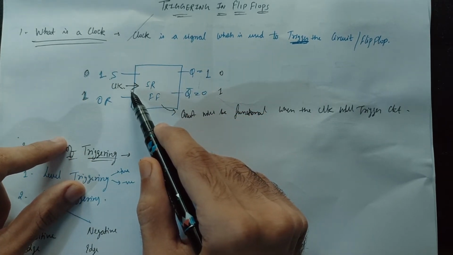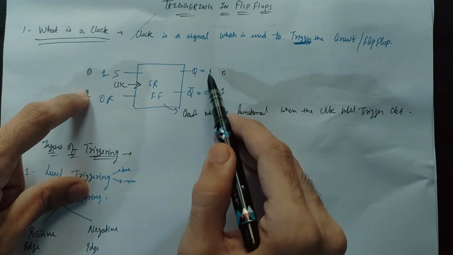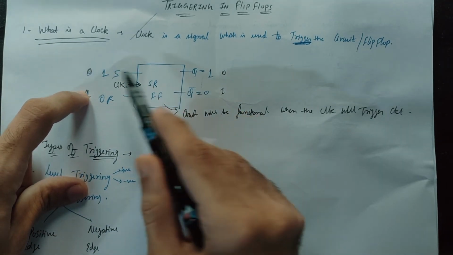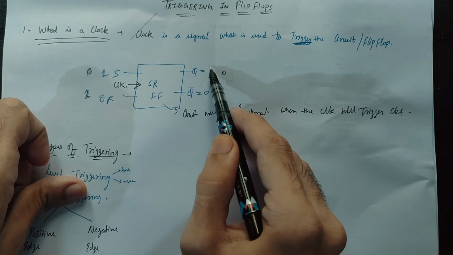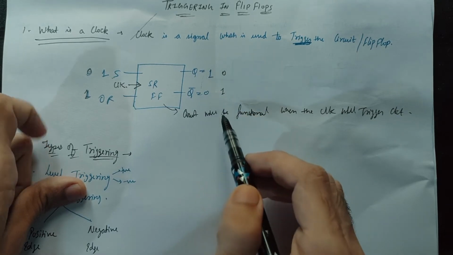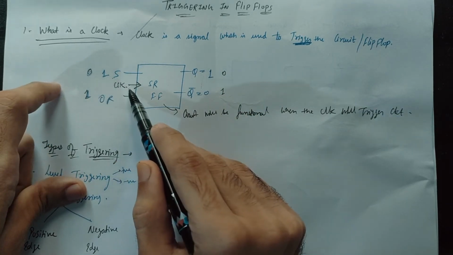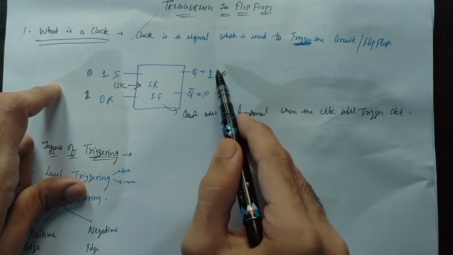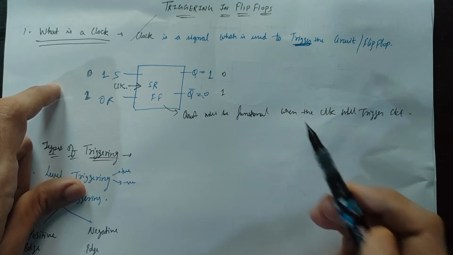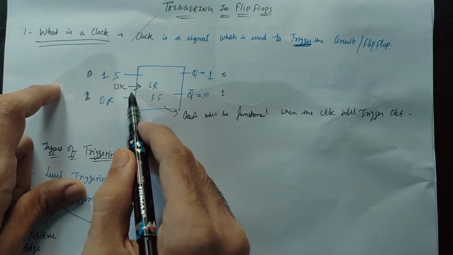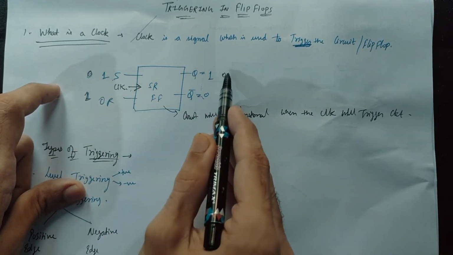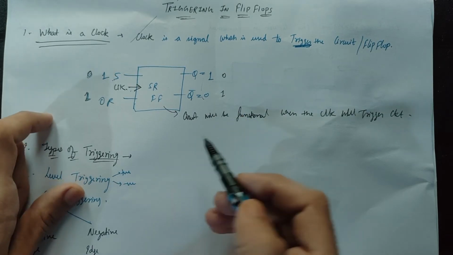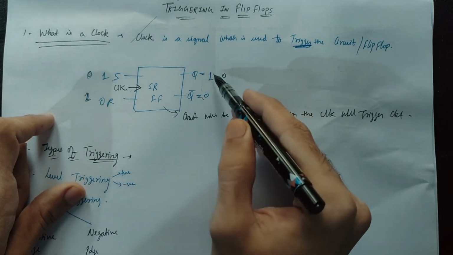Whenever the next positive edge will come, then only this input will function, and this circuit will be functional for this input, and it will generate this output, right? So up to when the next positive edge doesn't come, this output will remain same, so I will store it. And after when the next positive edge comes, then this output will be delivered to me, right? So I am having a sufficient amount of time to store this output.